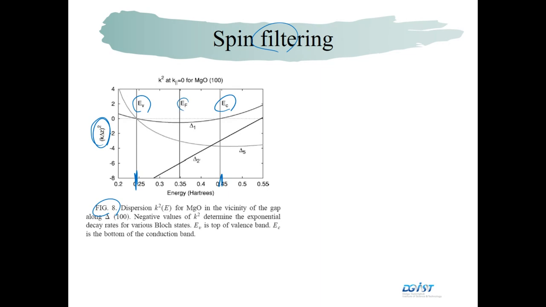When they calculate the band structure of the MgO, this is K squared, but we have a negative value here, delta 1. It means the K value is imaginary and there's some finite decay. But this value is quite small compared to delta 5 and delta 2, which have a large negative value, meaning a large decay length.